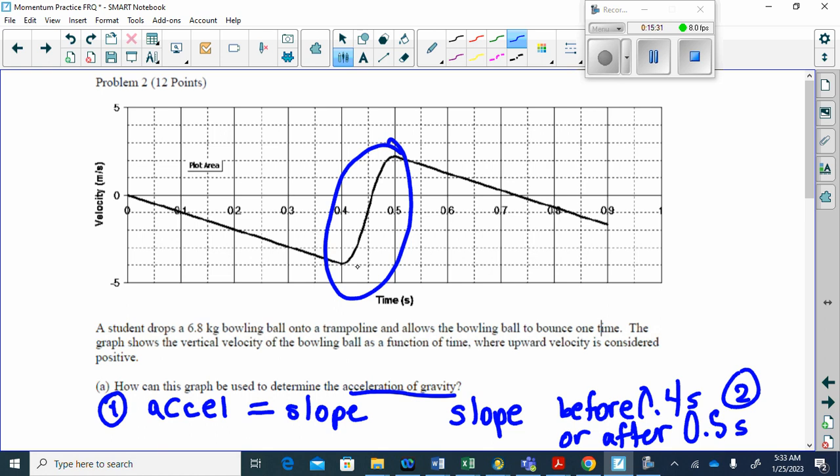And so to find the change in momentum, we want the initial and the final momentum, right? It's going to be the final minus the initial momentum. And since the mass isn't changing, we can even say that it's going to be the mass times the change in velocity.